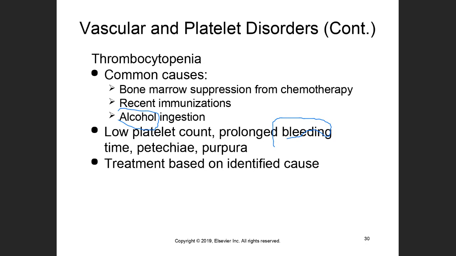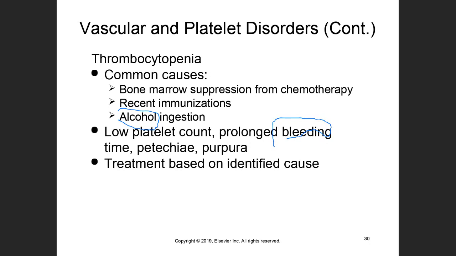Okay, and in most of those diseases where you have a platelet problem, basically you never give platelets to the patient. Because sometimes it's immune mediated. That means your immune system is attacking the platelets.